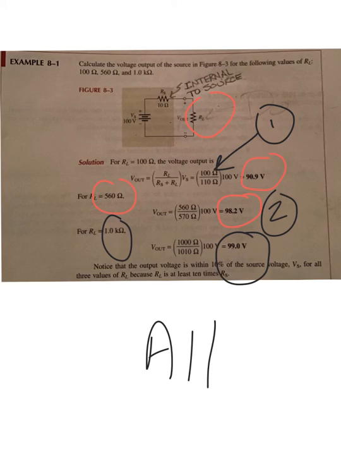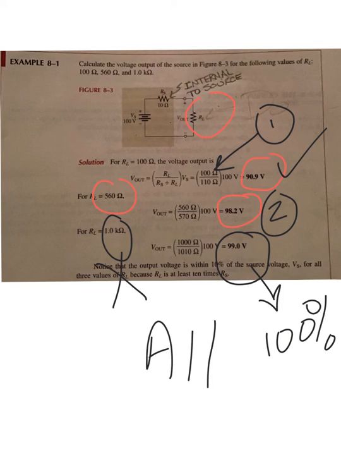Because if you only set your source at 100, then you plug in, it's only going to see 90 volts. Whereas if you change your load and drop 1,000 ohms, or 1K, in there, then essentially 100% of your voltage reaches the load.